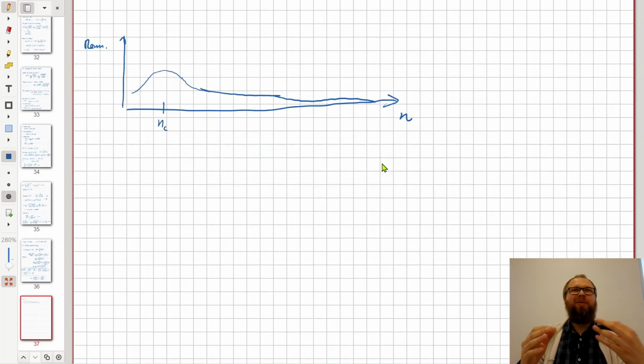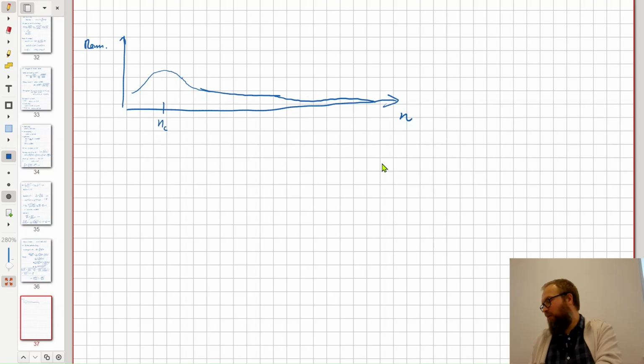The optimal answer would be that this n is the threshold value from our definitions of convergence. But this is a theoretical, mathematical thing. It exists, but where is it? We don't know. The best we can do is try to estimate it somehow, find more or less where it is. So let's try to do that then.